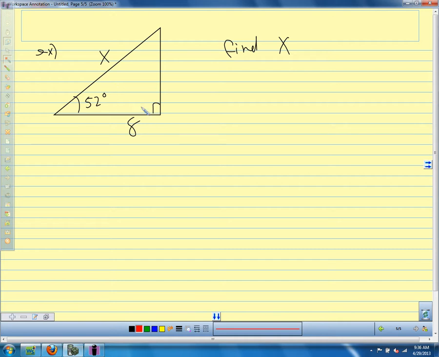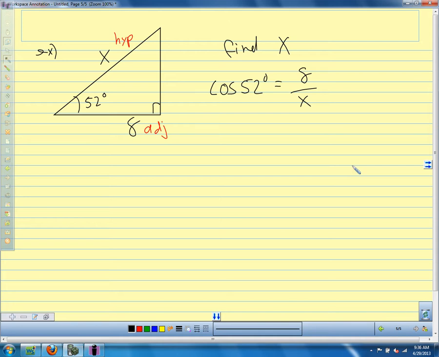It's the hypotenuse, longest side, across from the right angle. Is 8 the opposite or the adjacent side for this angle? Adjacent, it's next to it. So what ratio tells us about the adjacent and the hypotenuse? Cosine. So I'm going to say the cosine of 52 degrees equals 8 over x.